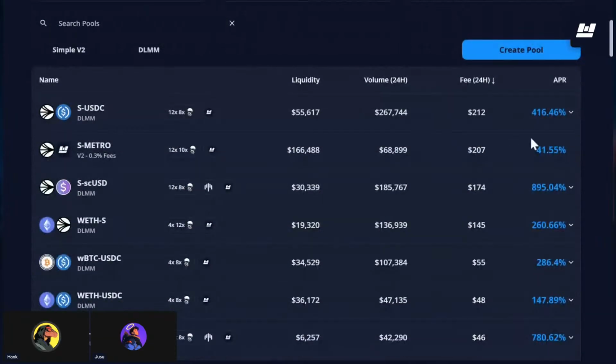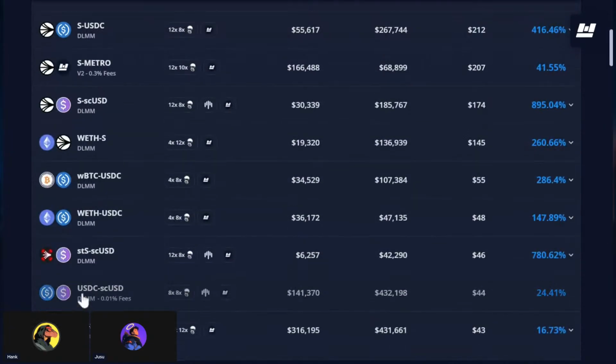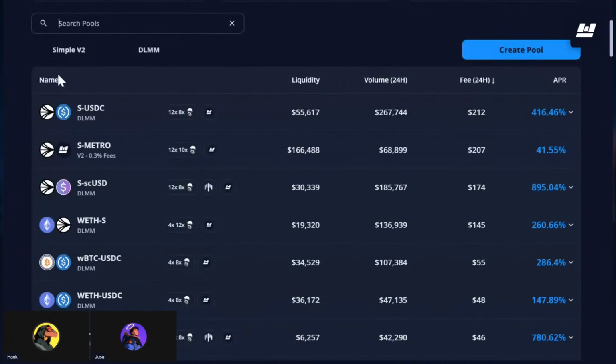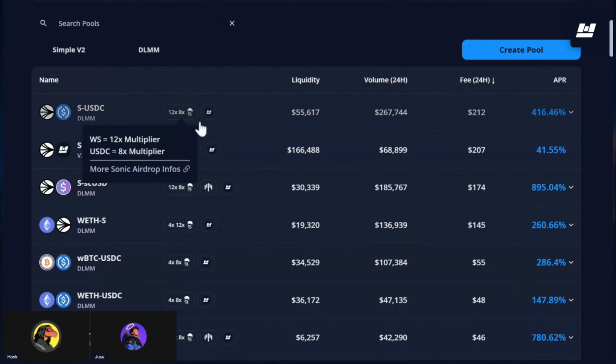And let this load quickly. You can see different pools here. You can also search up here if you want a specific token that you're looking for. But let's say I want Sonic USDC.